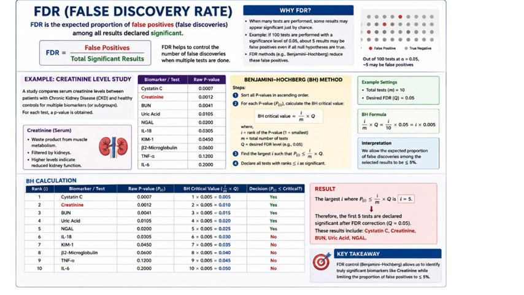When we say it's less than 0.05, suppose 0.03 or 0.02, we say that the observed difference between the two groups comes by chance just 2% of the time.